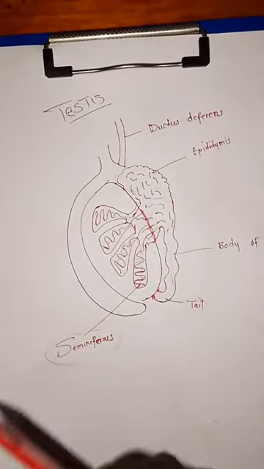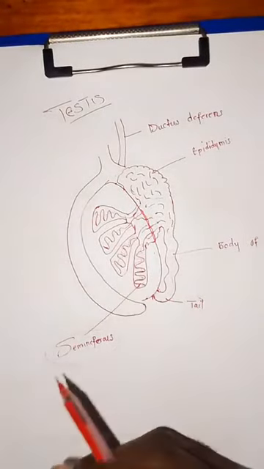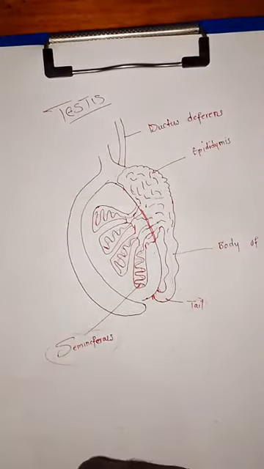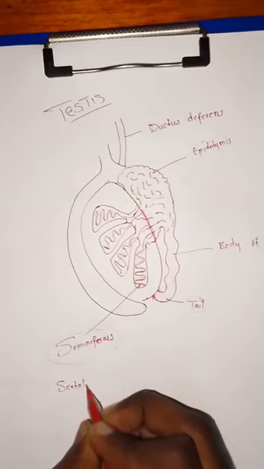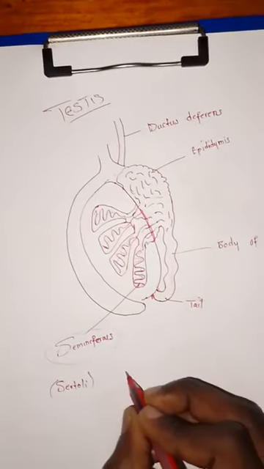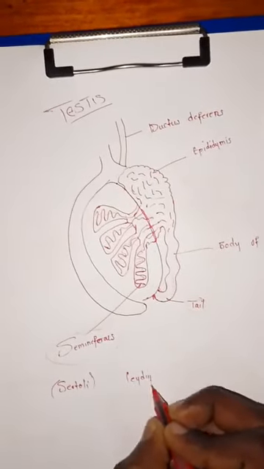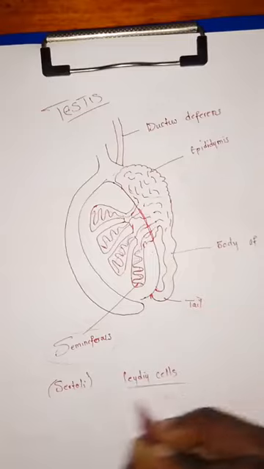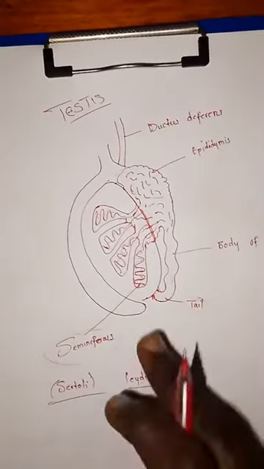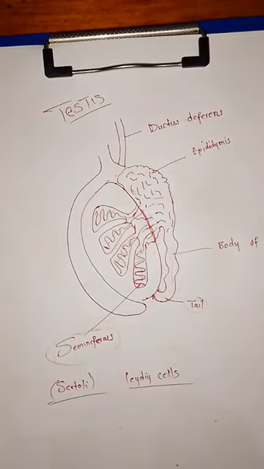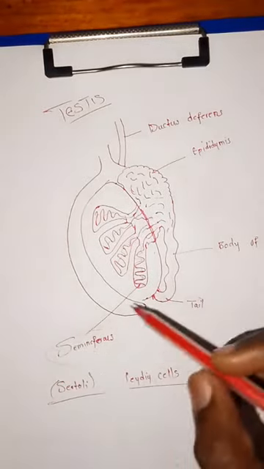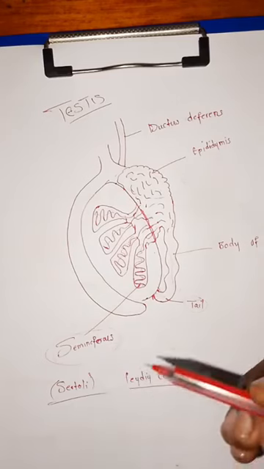There are certain cells found in the seminiferous tubules that support the process of spermatogenesis. We have cells known as the Sertoli cells, and also what we call the Leydig cells. The Leydig cells are found in between the spaces of the seminiferous tubules.